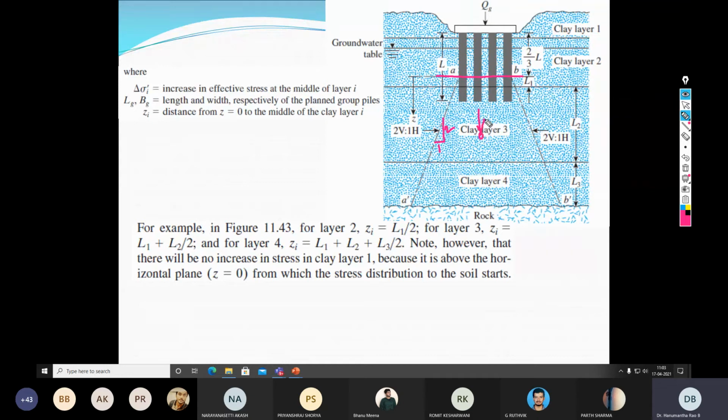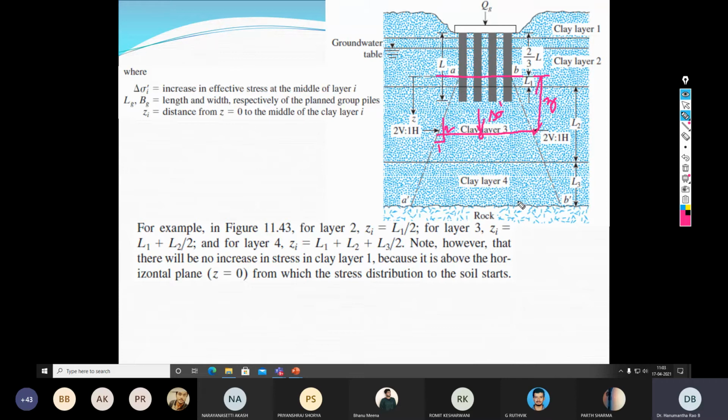So here you need to determine the increase in delta sigma. Again you need to draw a horizontal line, and on this you determine the delta sigma. From the fictitious plane until the middle of the clay layer will become the Z.